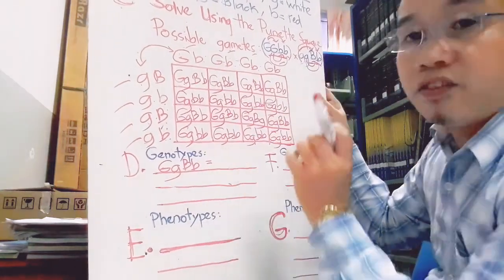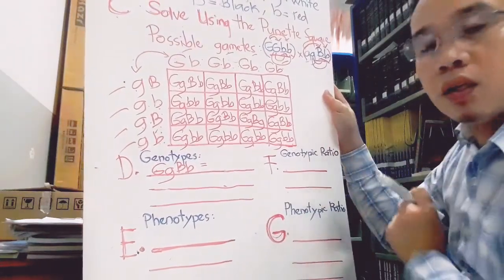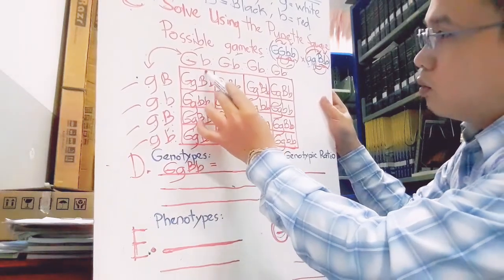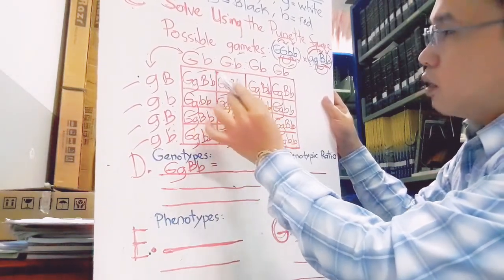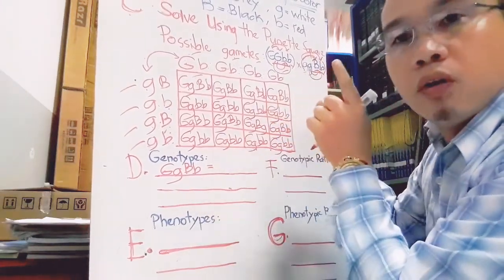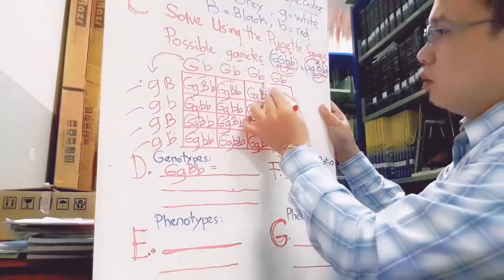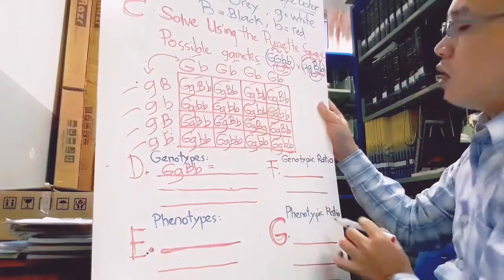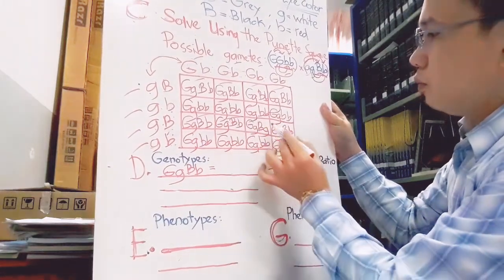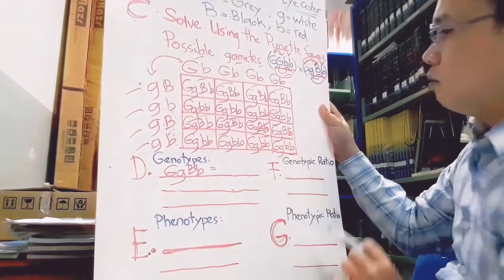Later on, we are going to find out how many there are, according to the corresponding genotypic ratio. So next, how many do we have here? The same, you have to count that one and write it out. Make sure those genotypes have the same appearance, the same, the same, the same.